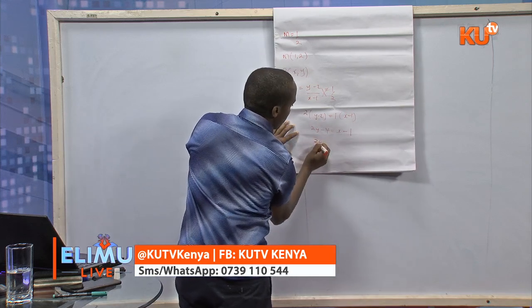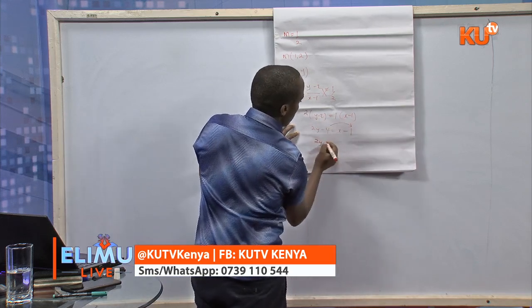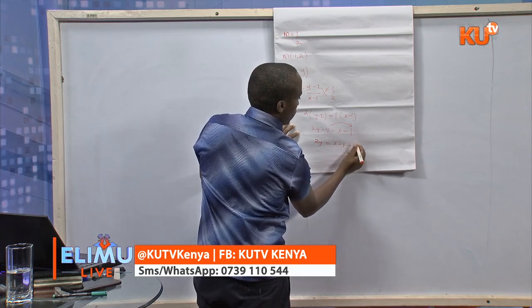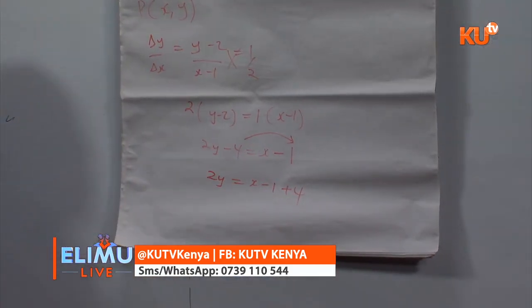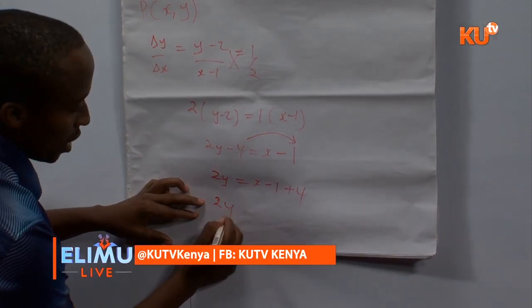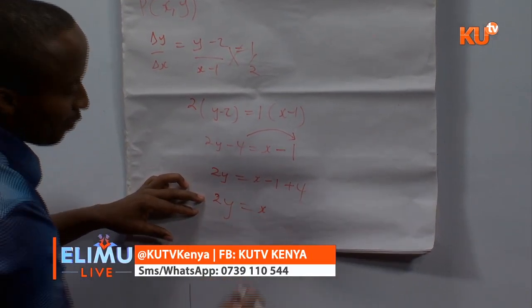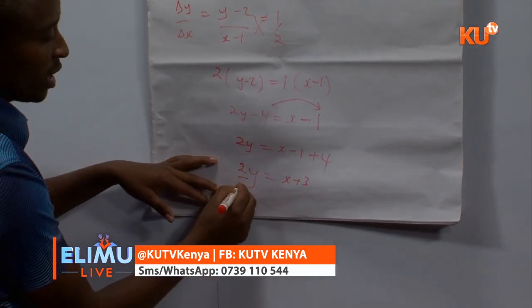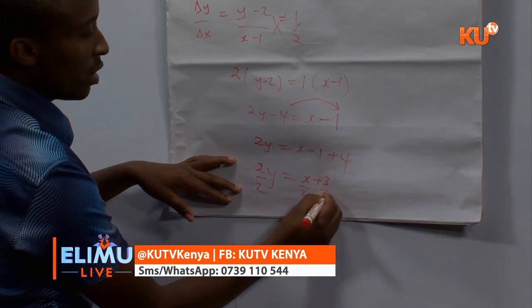So 2y, taking the 4 to the other side, is equal to x - 1 + 4. Minus 1 plus 4 is plus 3. So 2y is equal to x + 3. Make y the subject of the formula: divide by 2, divide by 2, divide by 2.